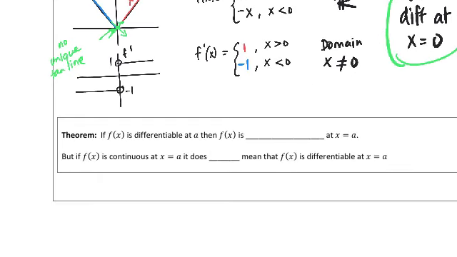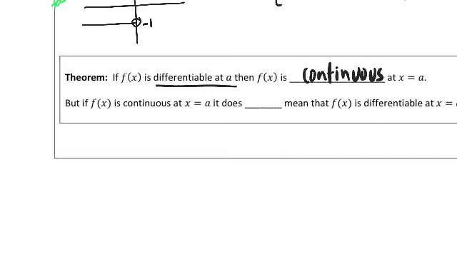So we have a theorem which says that if f of x is differentiable at some x value, then it must be continuous there, right? Because if you can draw a tangent line and measure its slope, then the function must actually be continuous at that point. If you have a hole or something, then you can't even draw a unique tangent line. If you have a jump, you can't draw a tangent line, right?